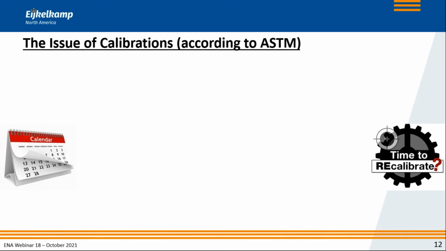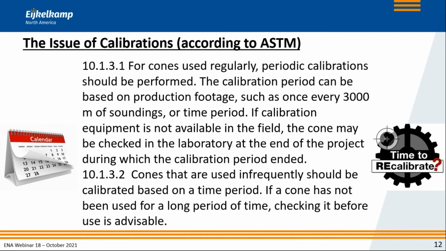But then it comes to calibrations. And again, today I want to focus mostly on the ASTM standard. In the calibrations section, 10.1.3.1, it says that for cones used regularly, periodic calibrations should be performed. The calibration period can be based on production footage, such as once every 3,000 meters of soundings, or time period.